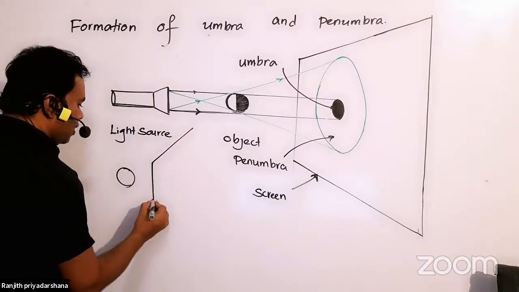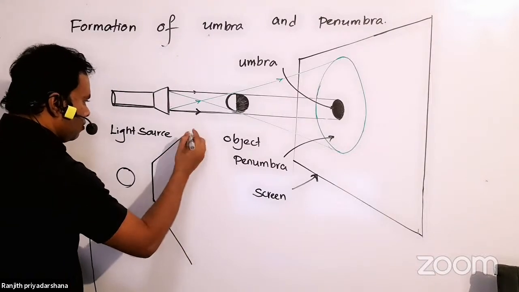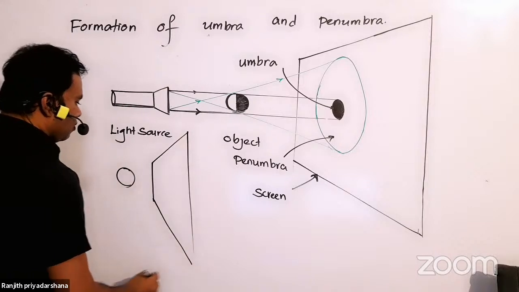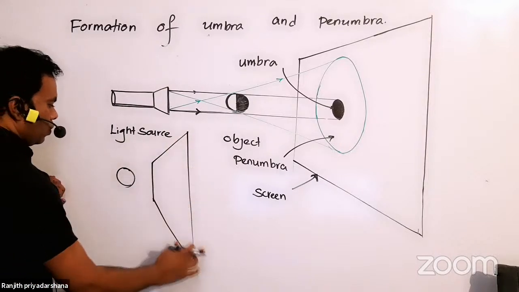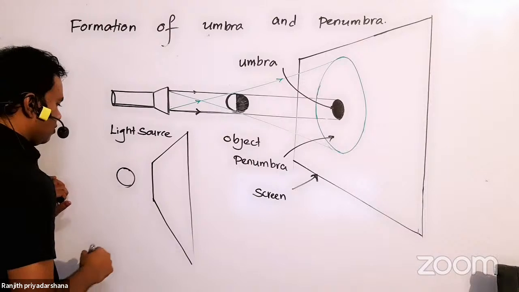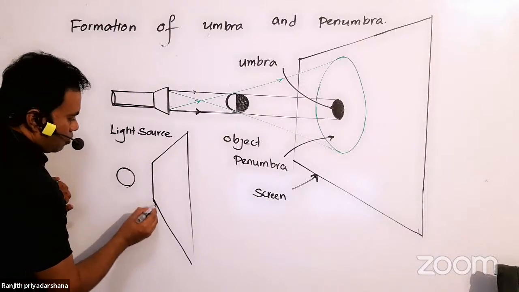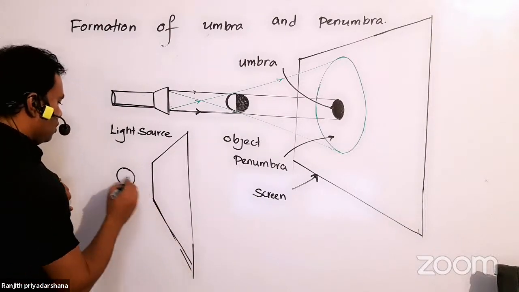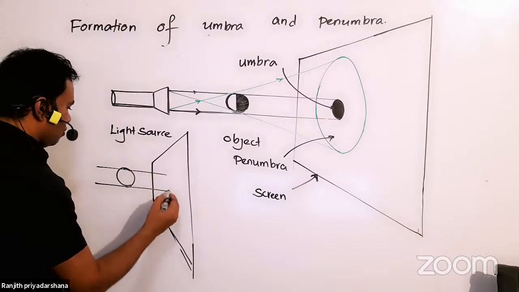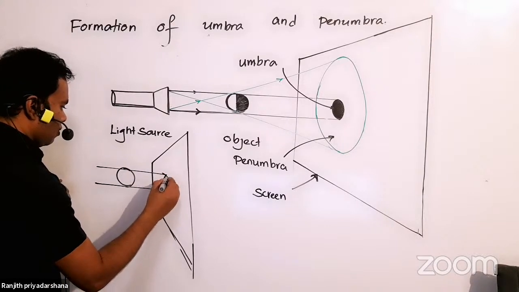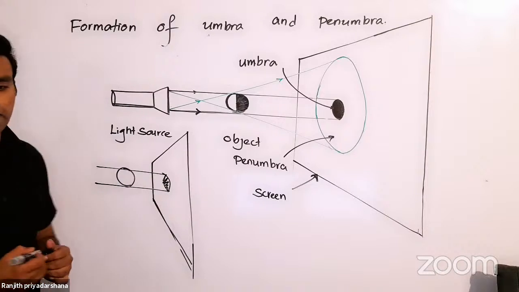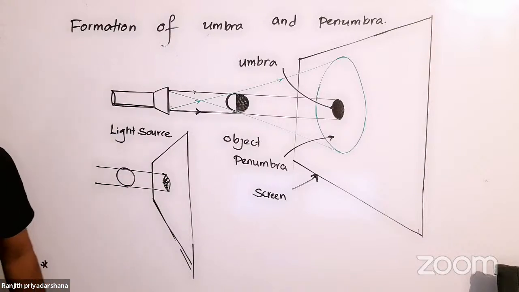The one that's near is big, the far one is small. Okay, so that's how you see that. Thank you, sir.